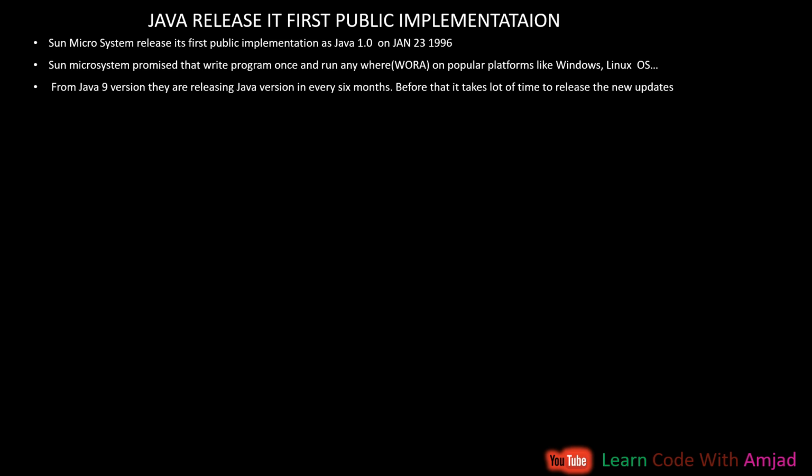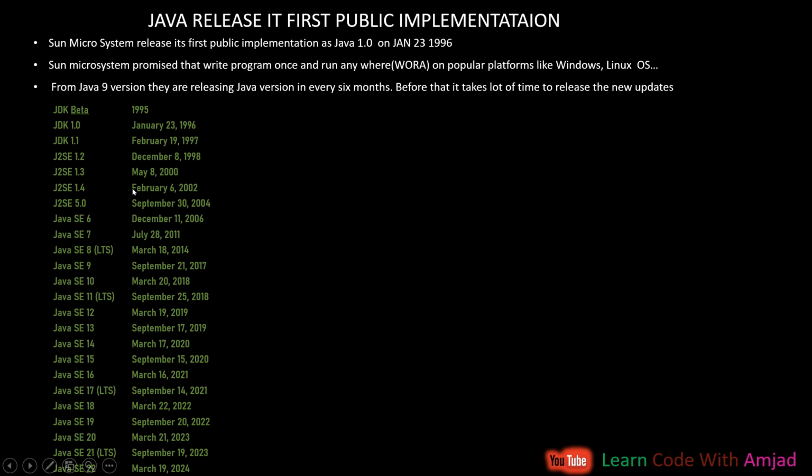Sun Microsystems promised: write a program once and run it anywhere on popular platforms like Windows, Linux OS, etc. From Java 9, they are releasing a Java version every 6 months. Before that, it took a lot of time to release new updates. So here are some Java versions and the release dates. Here LTS stands for long-term support.